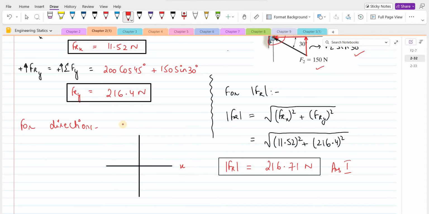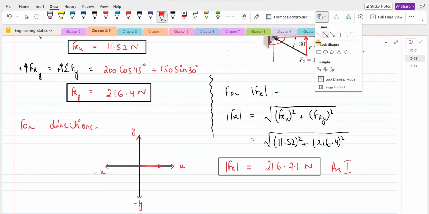This is the x-axis, this is the y-axis, this is the negative y-axis, and this is the negative x-axis. So we have Frx, which is positive, so directed along the positive x-axis. And we also have Fry, which is also positive.